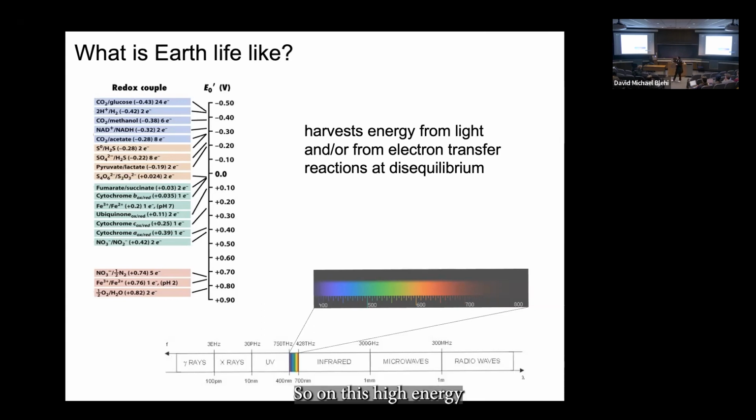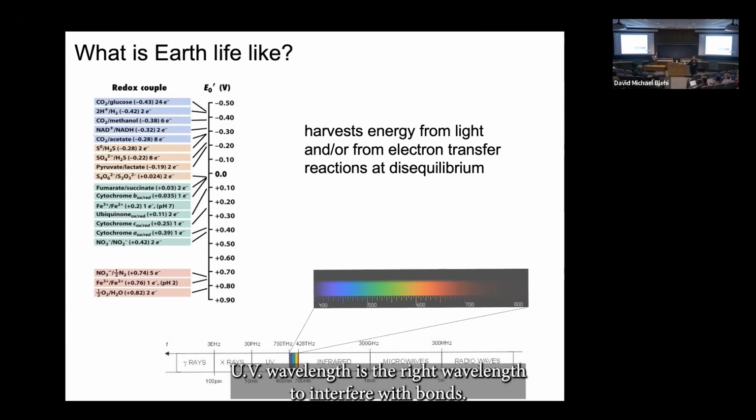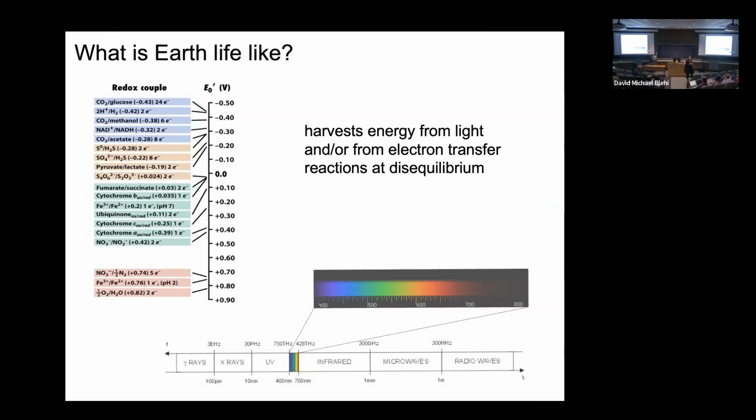So on the high energy, UV end, what's wrong with UV? We know it's bad for our skin, right? Causes cancer. UV is the right wavelength to interfere with bonds. So it's not good for cells because bonds are broken by those kinds of wavelengths. So that's why it's not used.